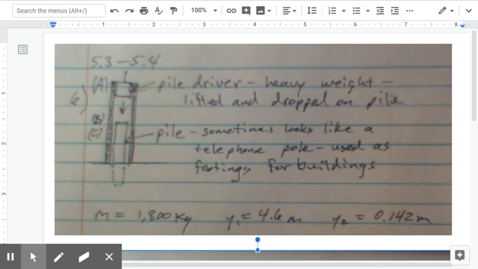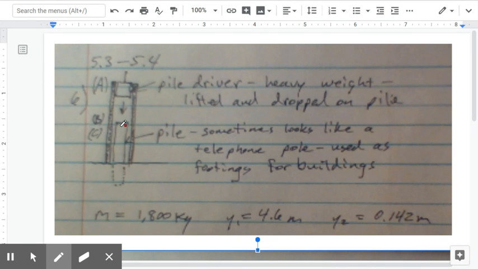What they do to give that building stability is they drive these large poles, and they can be made of wood. Sometimes they look just like a telephone pole, and they drive it down into the ground, and then they pour their cement footings around the piles.